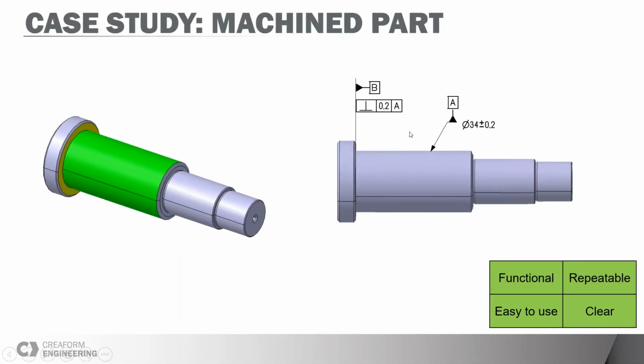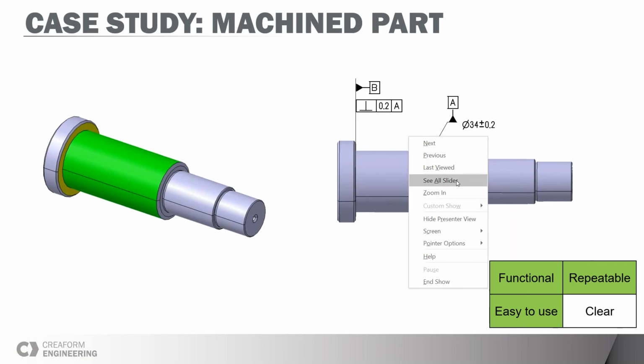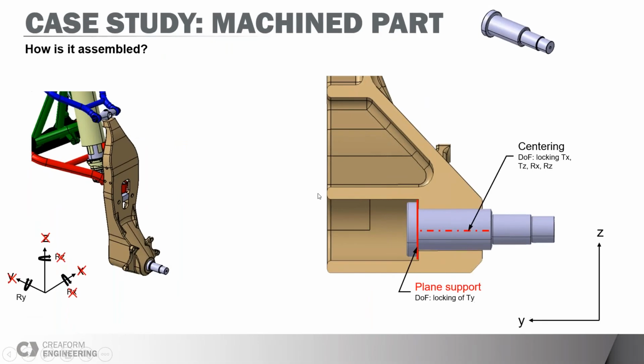The first example of that was here, when we define, for example, the perpendicularity on our datum B to A. Well, this is a hard one. It will depend really on how the part is installed and what the need is. If we look at this one, the way it's installed in the assembly is like this.